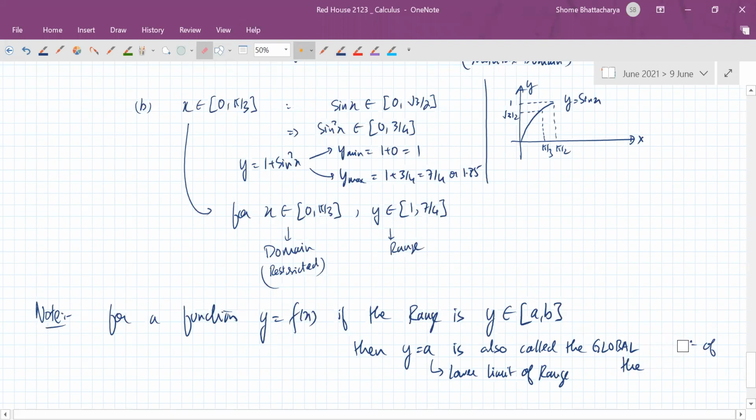The lower limit is called the global minima. The upper limit is called the global maxima.